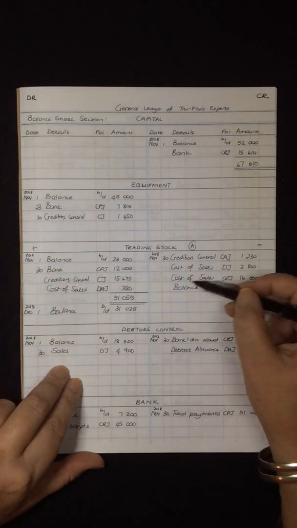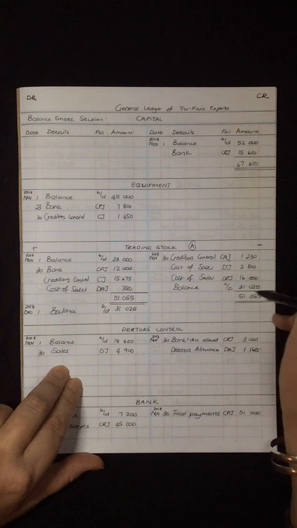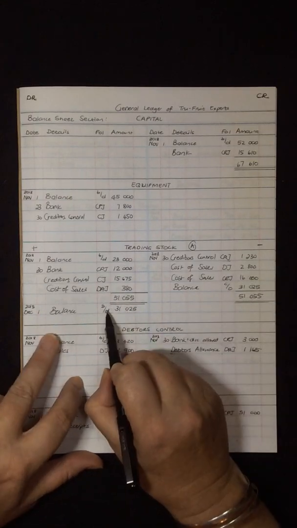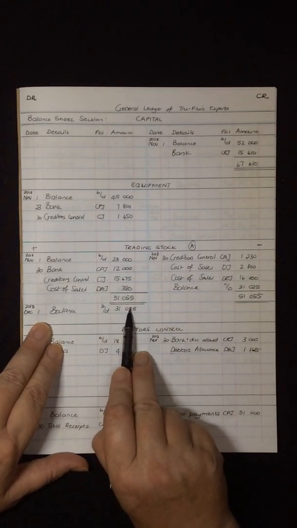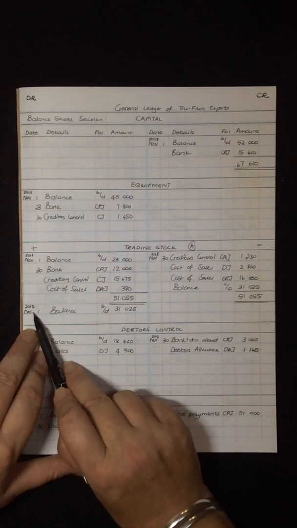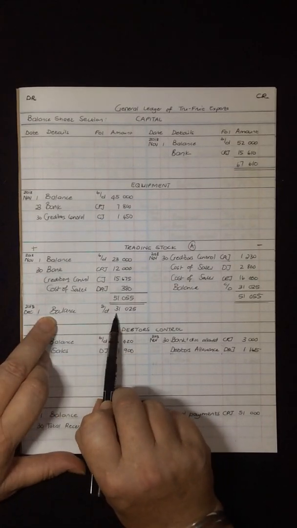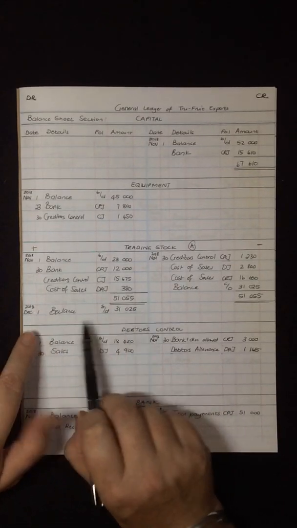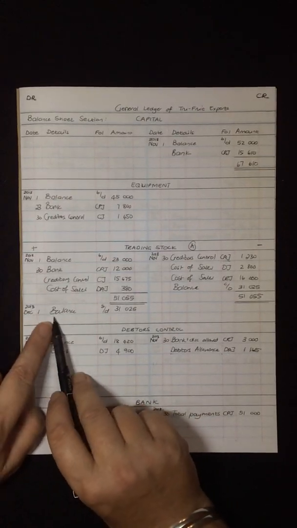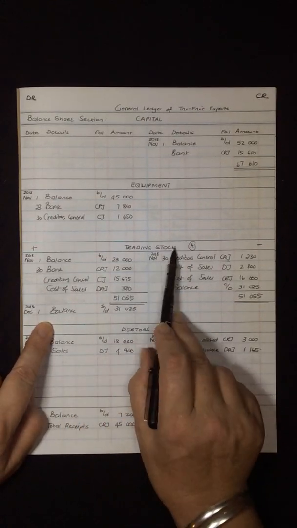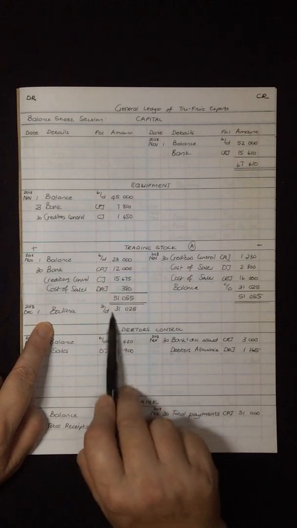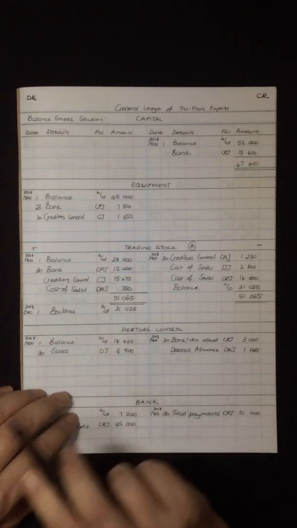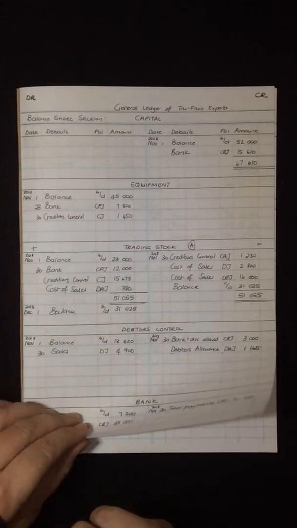Okay, so if the balance is on the credit side above the total, I will bring it down to the debit side below the total. On the 1st of December then, the balance brought down is 31,025, meaning that on the 1st of December, when I start trading, I have trading stock to the value of 31,025 Rand to trade with.